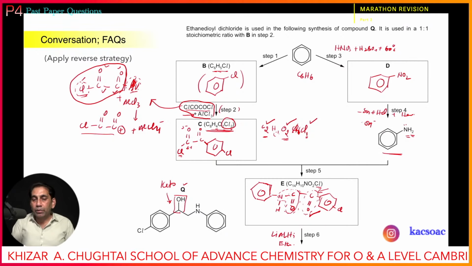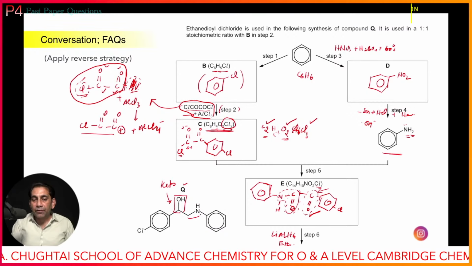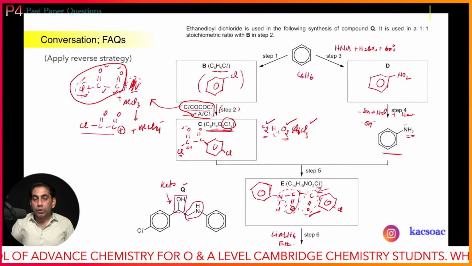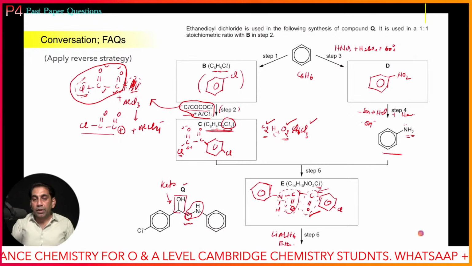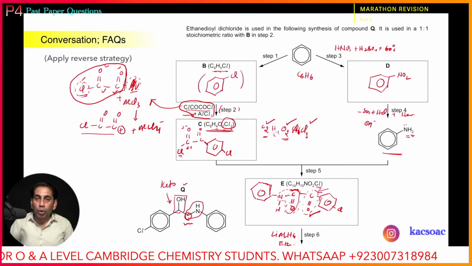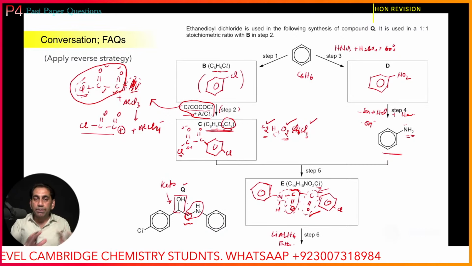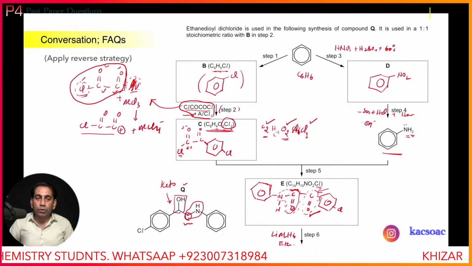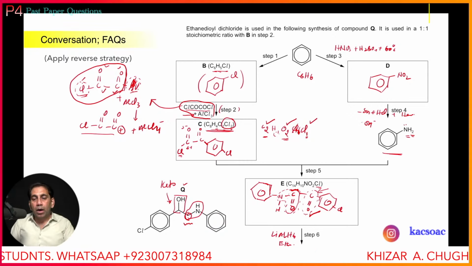Whenever you reduce any imide, it will change into primary amine. So this one carbon was present over here. C double bond O of imide has been changed into a simple CH2 group, and finally we have made this Q. So these are the tricky, tough questions.